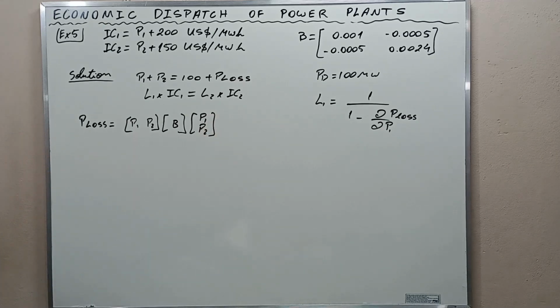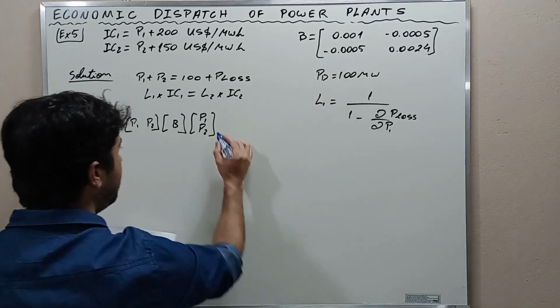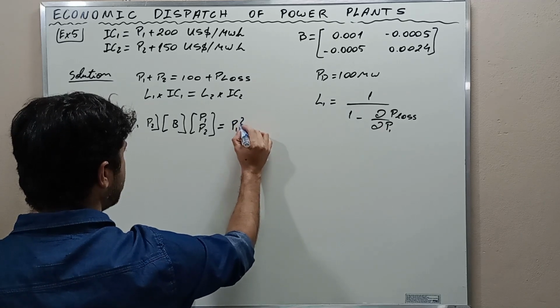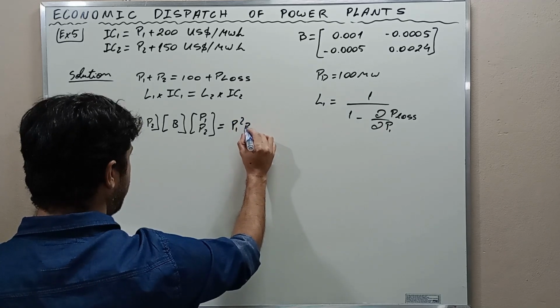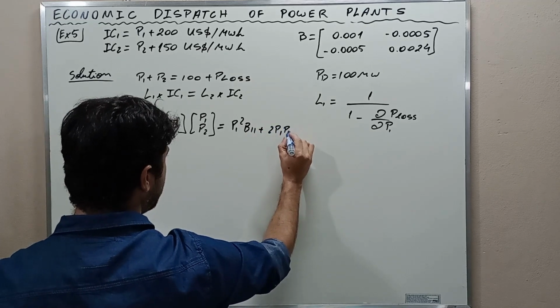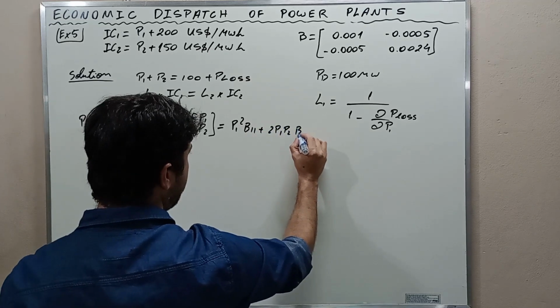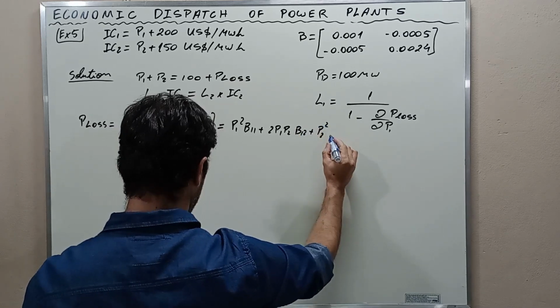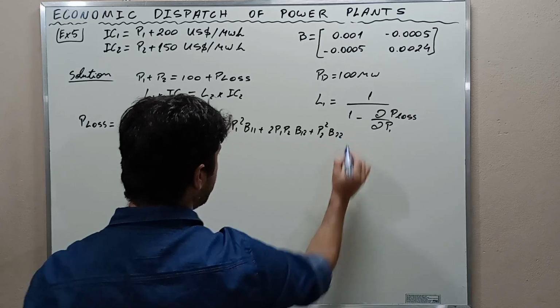We are going to multiply these matrices and find the expression, which is P1 squared B11 plus 2 times P1 P2 B12 plus P2 squared B22.